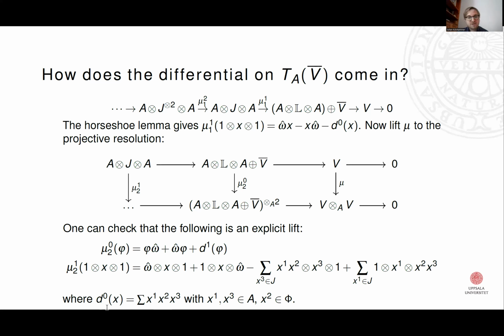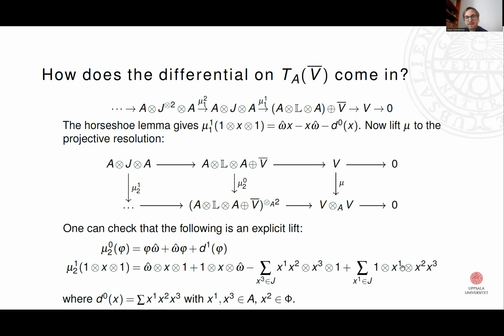Here we use d0, and you use Sweedler notation, writing d0 of x as some sort of sum of x1s, x2s, and x3s. So d0 of x is an element of V bar, and V bar is isomorphic to A tensor J tensor A, so we can write it like this. Then we pick out the summands which make sense in this tensor product of A tensor J tensor A with A tensor L tensor A plus V bar.